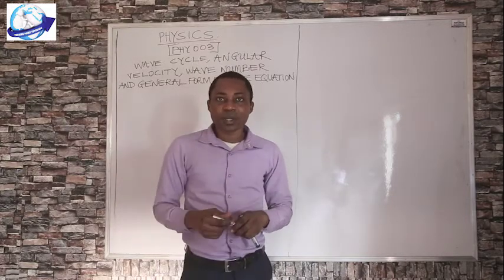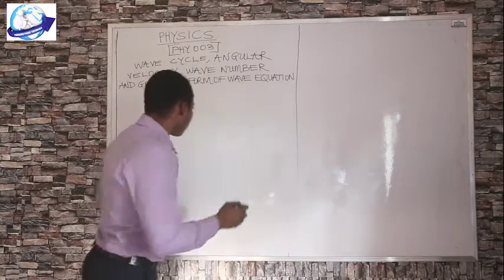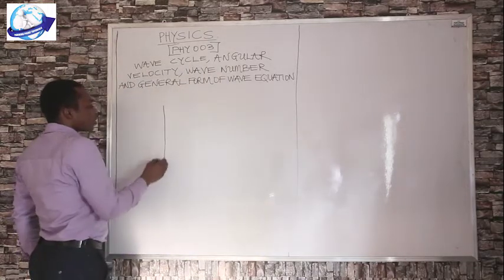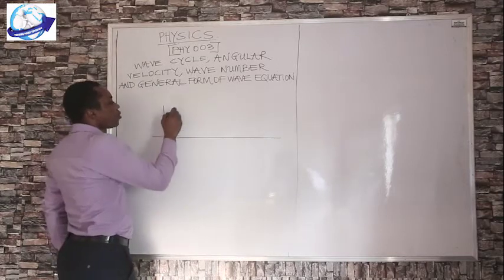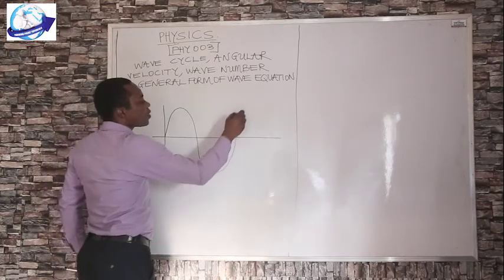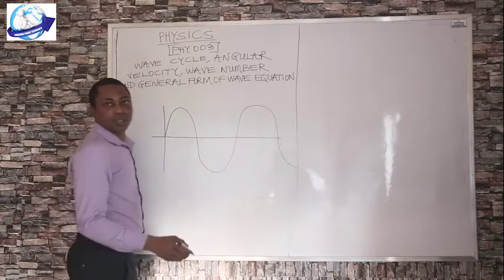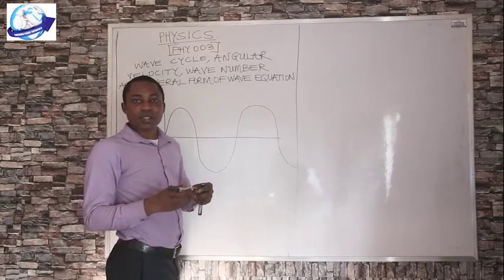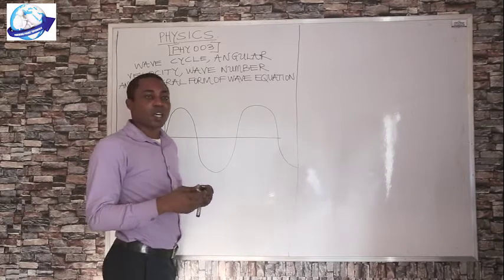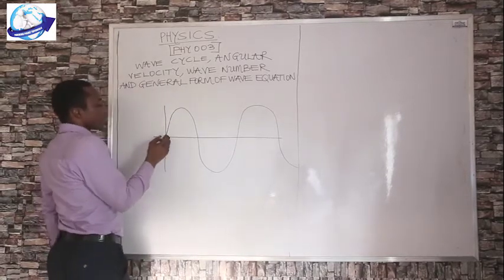Let me just give you an illustration here. Let's consider what we have here. This is a wave profile. You have, for instance, a wave profile like this, and then you talk about 2 points that are in phase. You can consider like this.